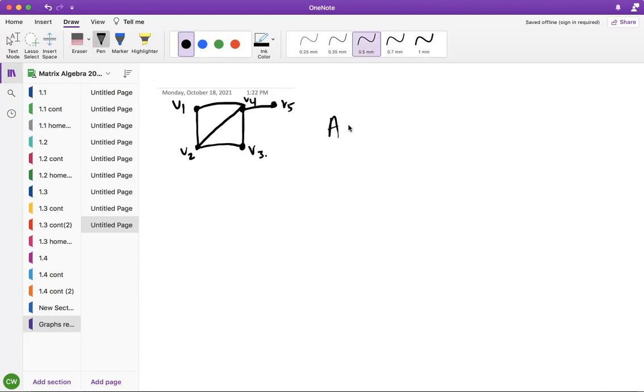Okay, so A, using this setup, 0, 1, 0, 1, 0, and then that.